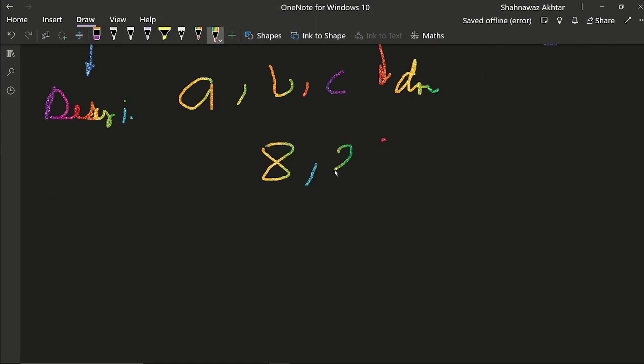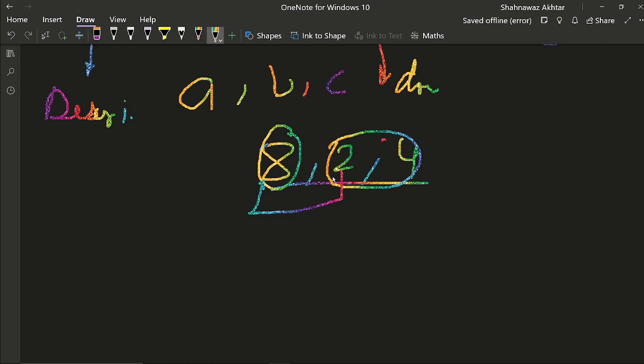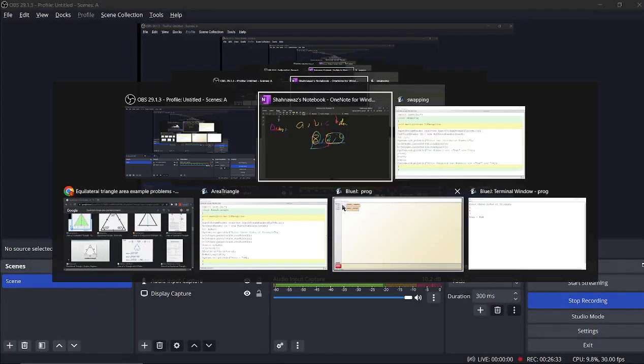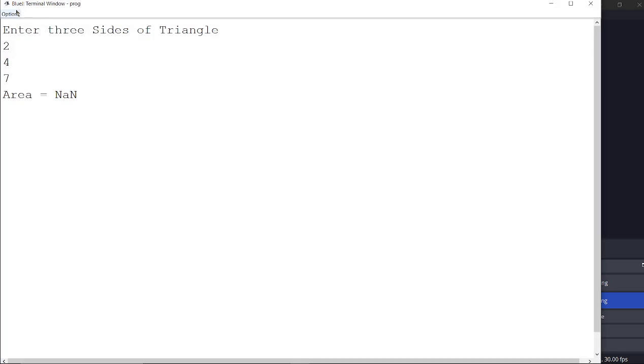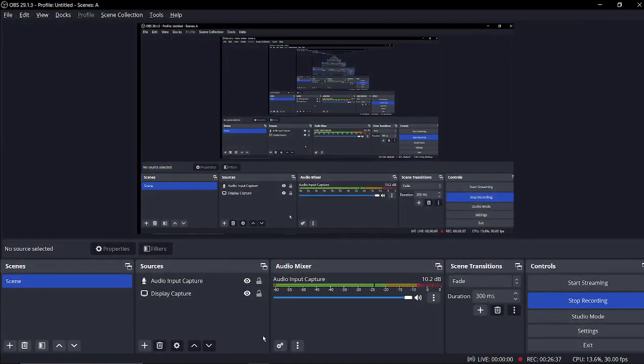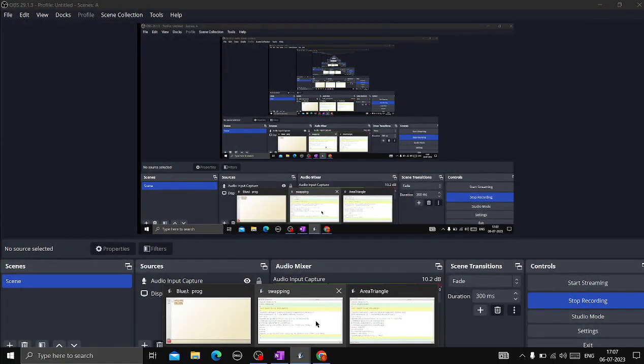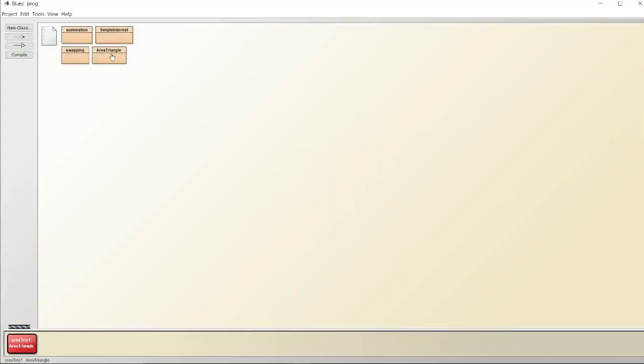Then I can take two, and these four. The third side always has to be smaller than the sum of the other two. If I take 8, 9, and 10, let me close this window and again run our program.